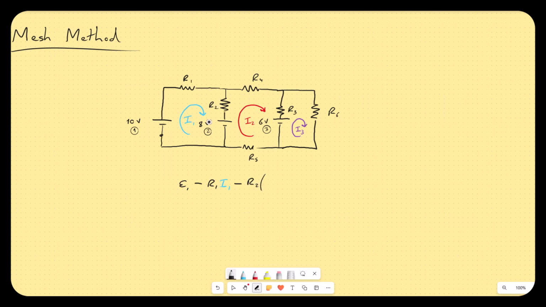R2 has I1 going in this direction, but as I go around this loop, I2 is in the opposite direction, so I'm going to have to go minus an I2. I get to this battery facing the wrong way, so minus E2, and then I'm back to the start, equals 0. There's one equation.